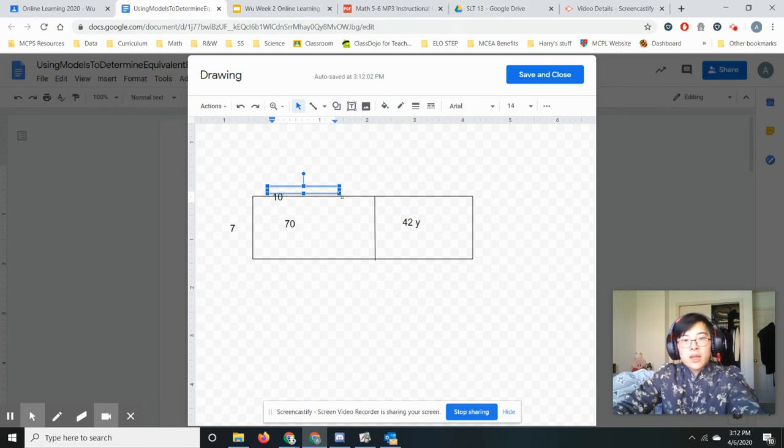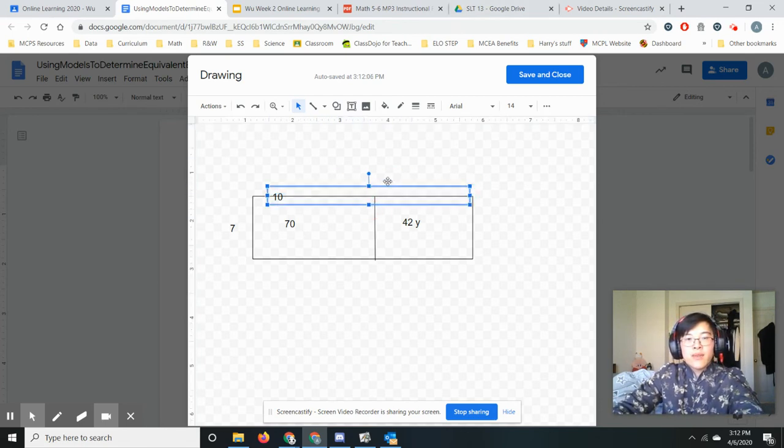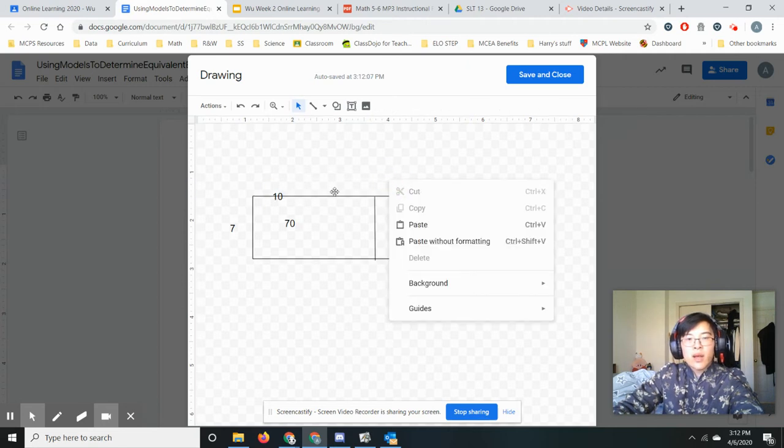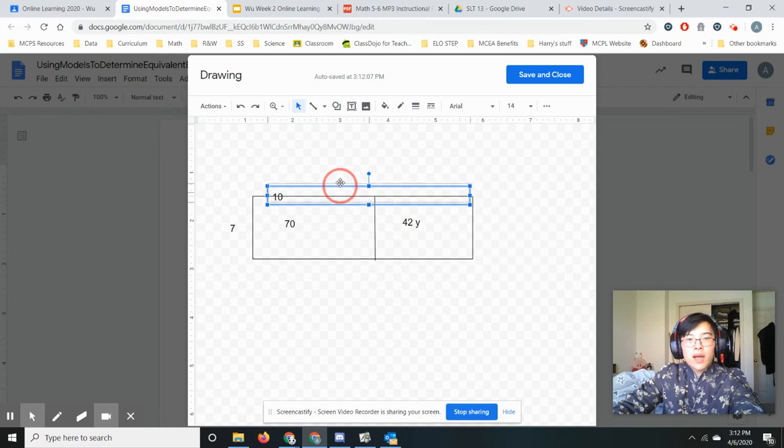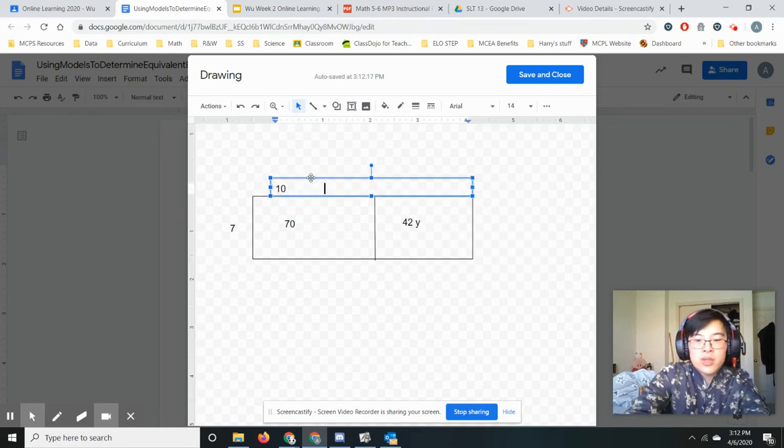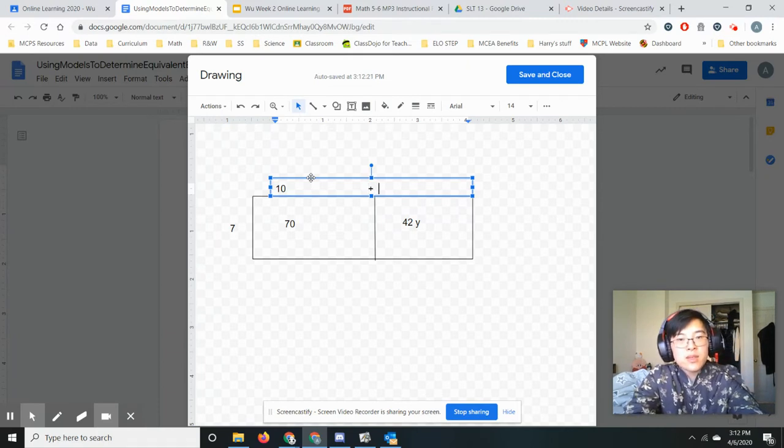10. And here's the tricky part: 7 times how much is 42? And where did I get the y from? I don't know what y is, so I'm just going to leave it as y. I'm going to do 10 plus 7 times 6, so 6y.